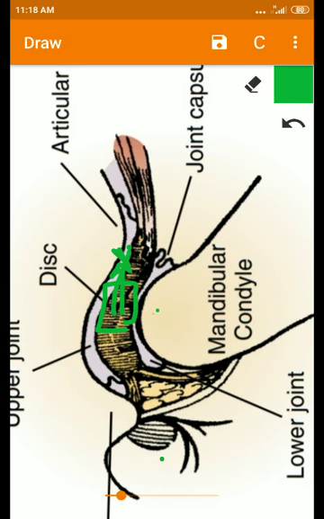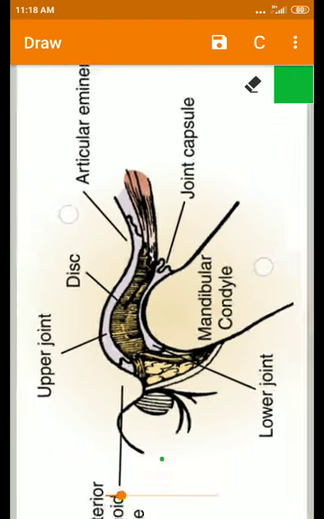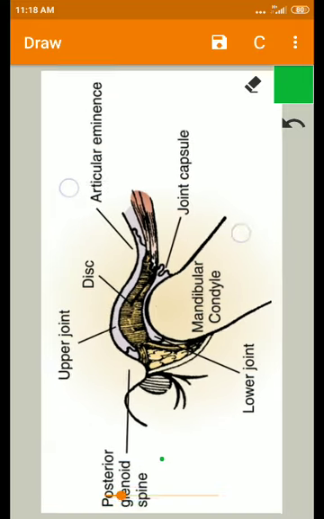That is, the middle portion is in contact with the articular eminence during opening of the mouth. So this is about the upper joint. In the next session we are going to see the articular disc in detail. Thank you.